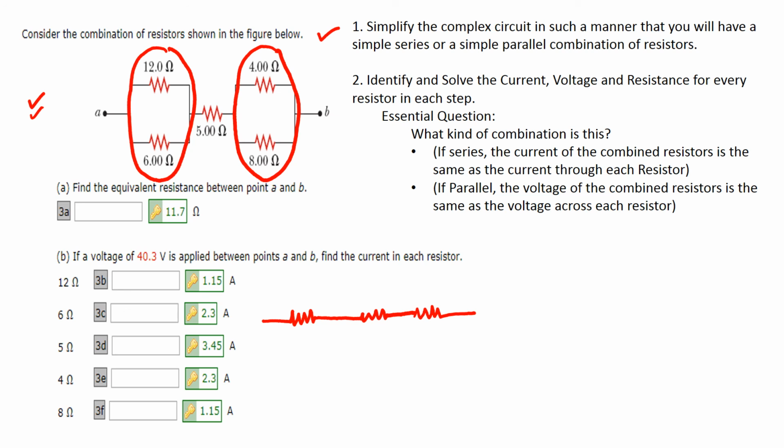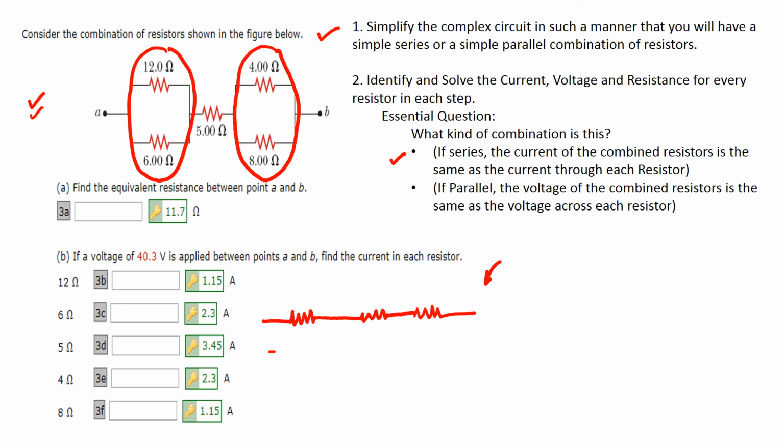Now identify and solve the current, voltage, and resistance for every resistor in each step, and we can do this by asking the question, what kind of combination is this? Now we could see that it is series. Now if series, the current of the combined resistors is the same as the current through each resistor.